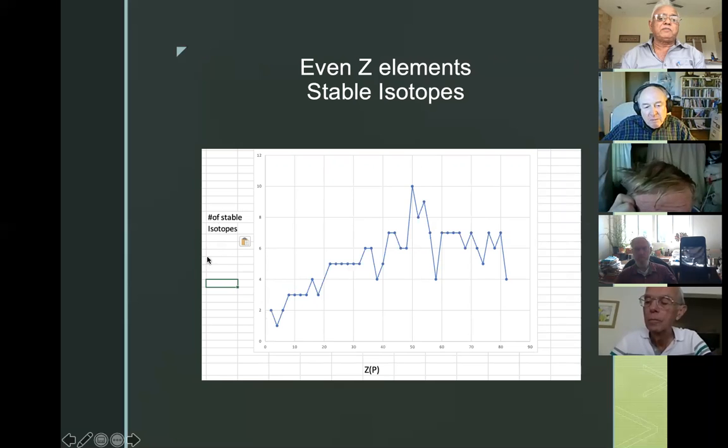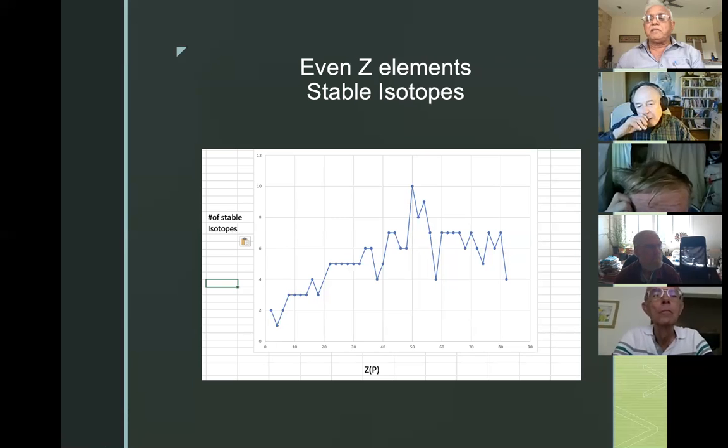This says number of stable isotopes, and it has more than one. Like if you take the element 50, which is tin, then it has 10 stable isotopes, total abundance being one. So that is what is happening.